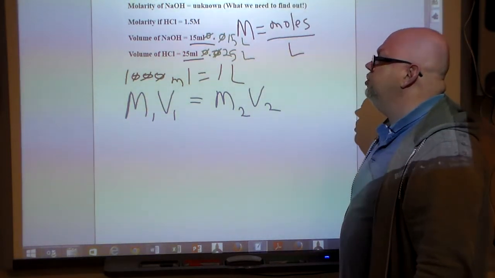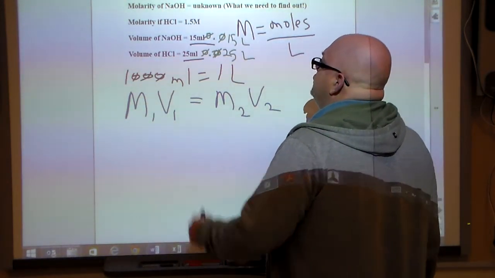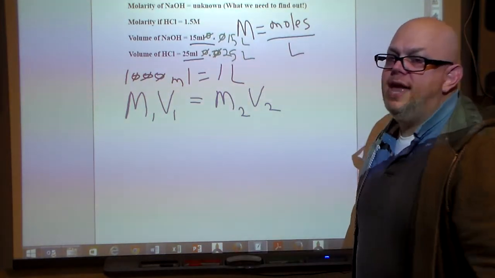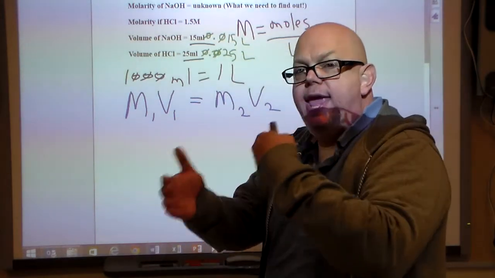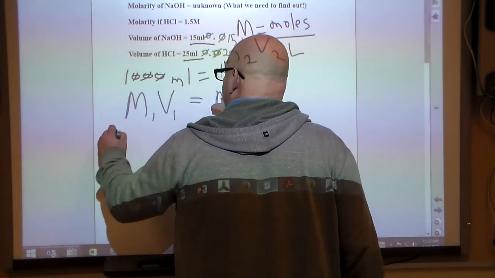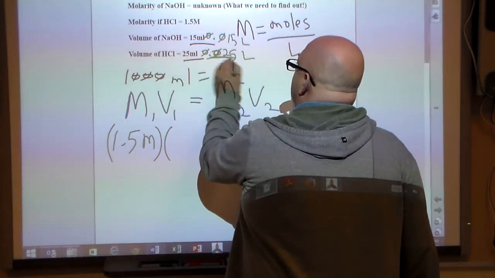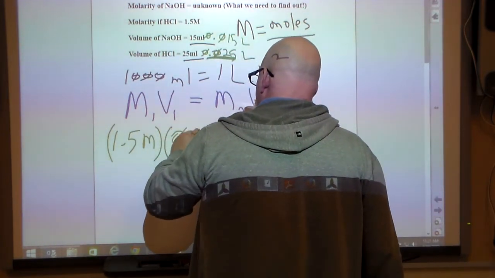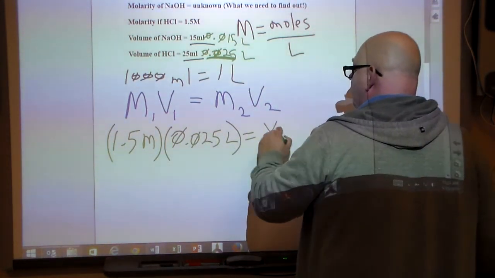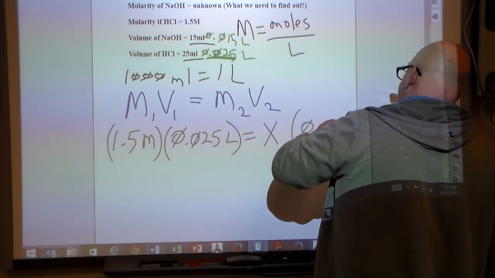So that's what we have. Now it's just a question of picking through that. It doesn't matter which one is the acid or the base, as long as you stay consistent. So I'm going to have this be my acid, so I'm going to have 1.5 molar multiplied by 0.025 liters is equal to X molarity multiplied by 0.015 liters.